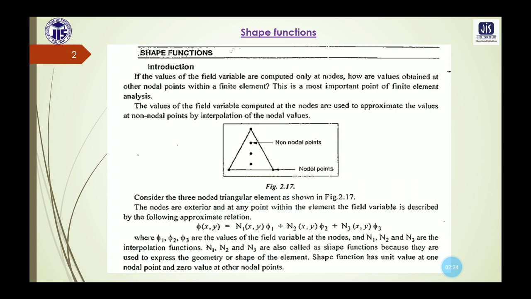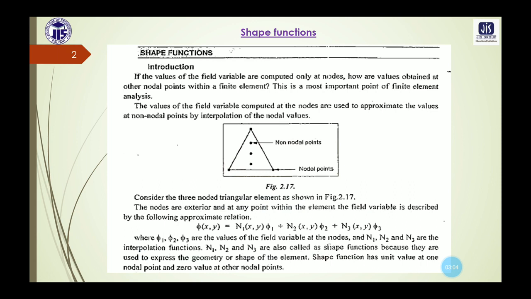In this diagram, figure 2.17, we can see a triangular element with three nodal points, the corner points, and within this triangular element we have considered three non-nodal points. To find the values at these three non-nodal points, we use the interpolation method on the nodal values. So this is the concept.